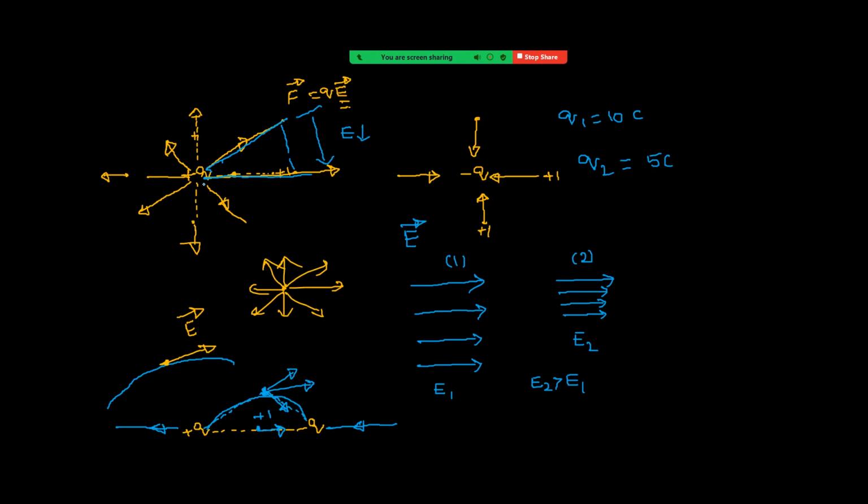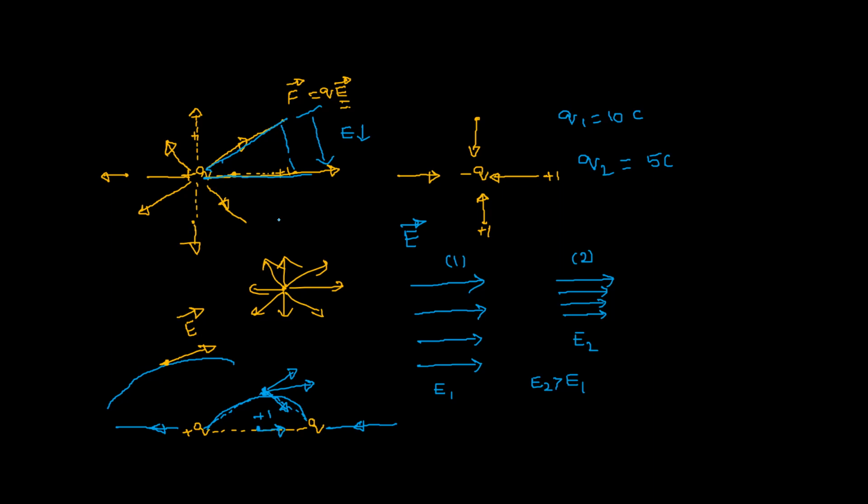So we got the conclusion that field lines start from positive charge and end on negative charge. From this we can give one more conclusion that these field lines cannot be closed. So electric field lines are open curves, okay? Because they start from positive and end on negative, that's why they are not closed.